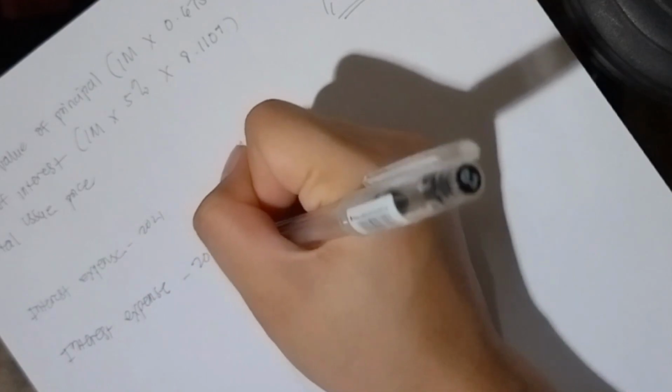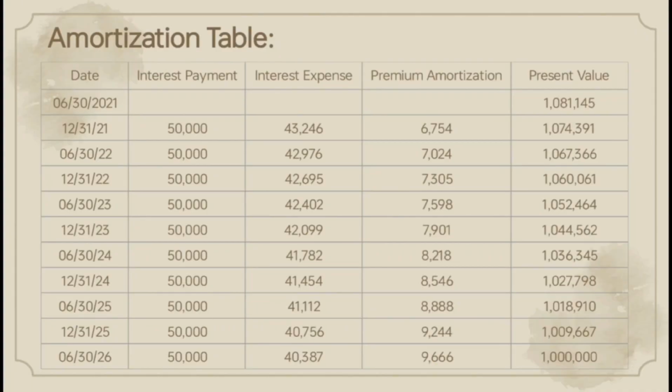So for the interest expense for 2022, we can see it in the amortization table. So in June 30, 2022, we have an interest expense of 42,976, and on December 31, 2022 it is equal to 42,695.